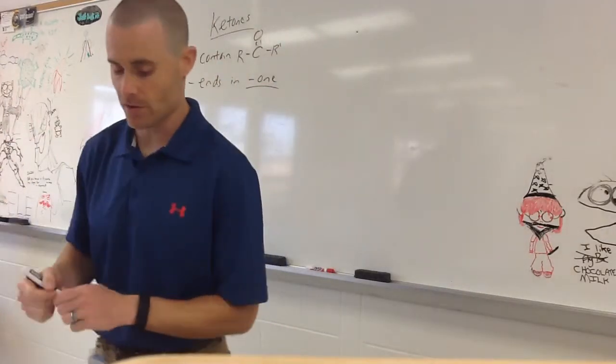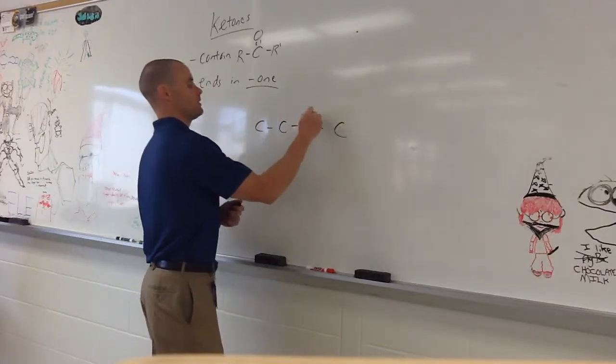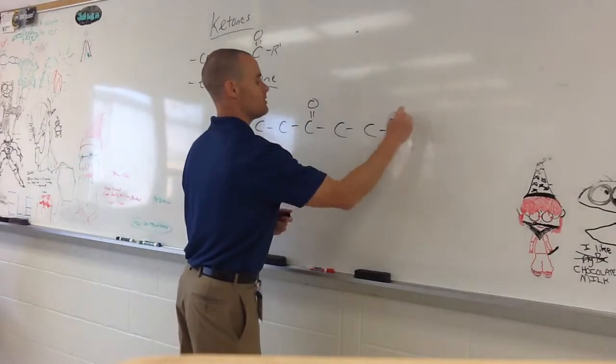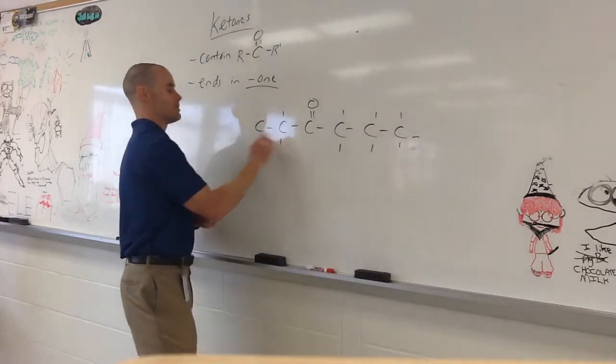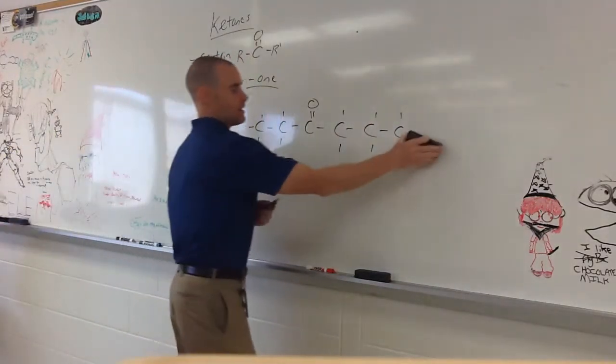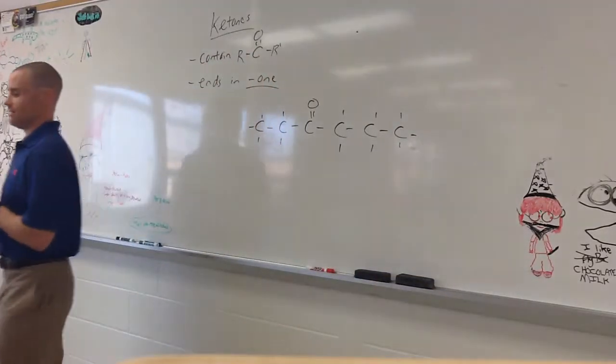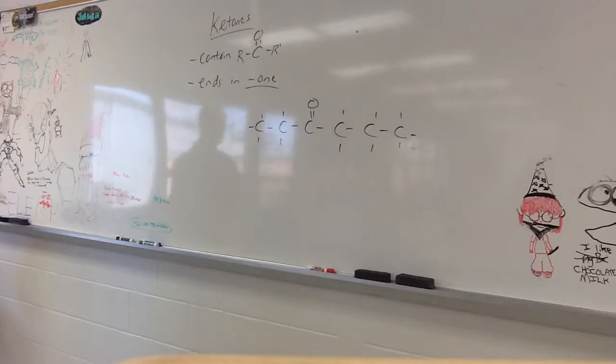That's why it's 2-pentanone. So if I was to draw something that looked like this, go ahead and draw that, please. Get all your H's on there. If I was to do that, please copy that down. What would the name of that structure become? Don't say it. I want you to think about it.